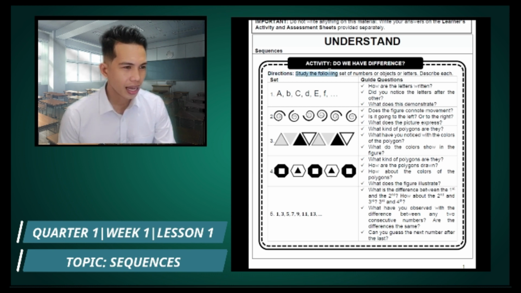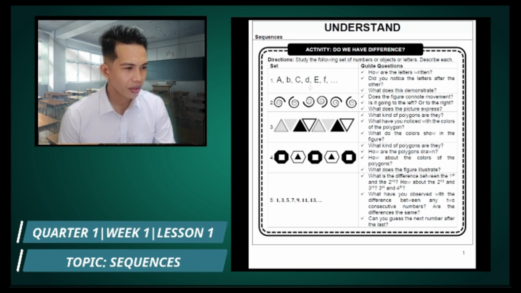Directions. Study the following set of numbers or objects or letters. Describe each. So you have here the following sets. We have 5 sets here. First set is, these are letters. Second set, this is a figure.